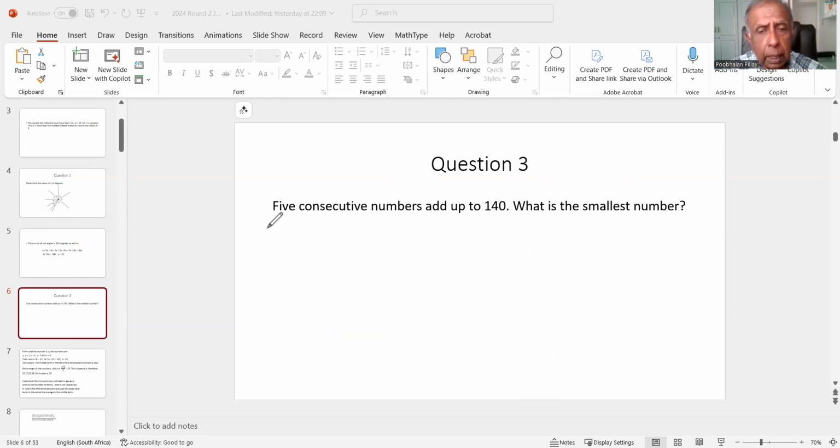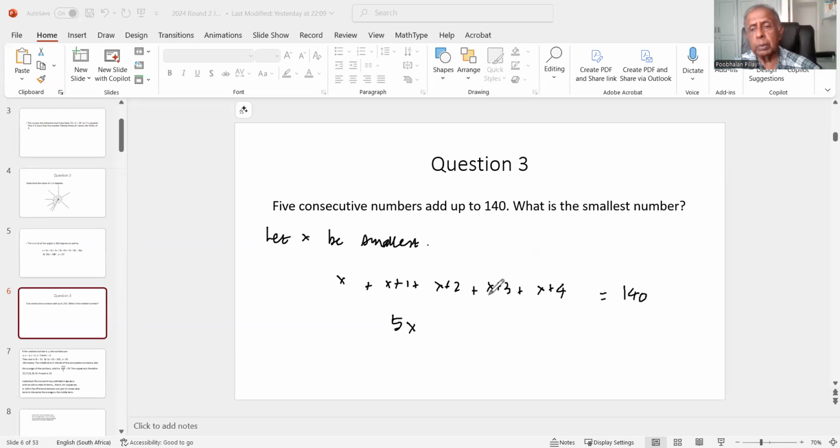If you let x be the smallest, then the consecutive numbers will be x, the next one will be x plus 1, x plus 2. They're all consecutive. And there are 5 of them. And when you add up all these, you're going to get 140. So if you just keep adding all these, you've got 5 x's here.